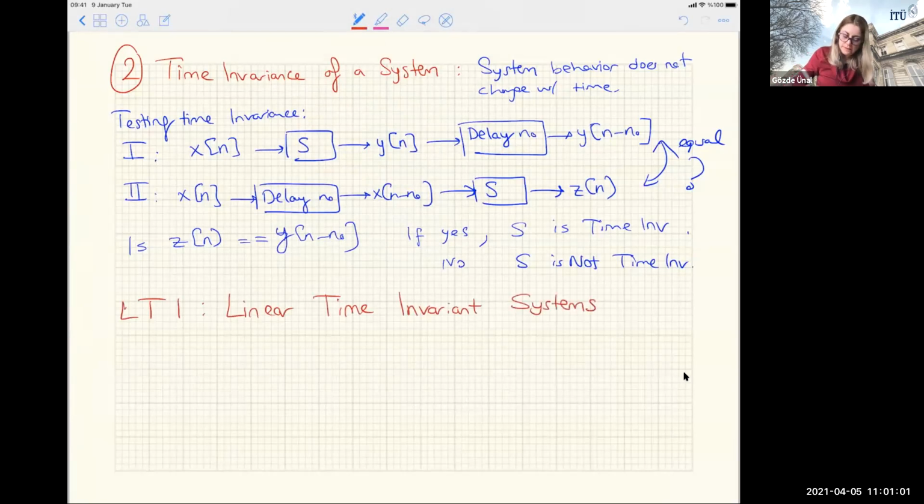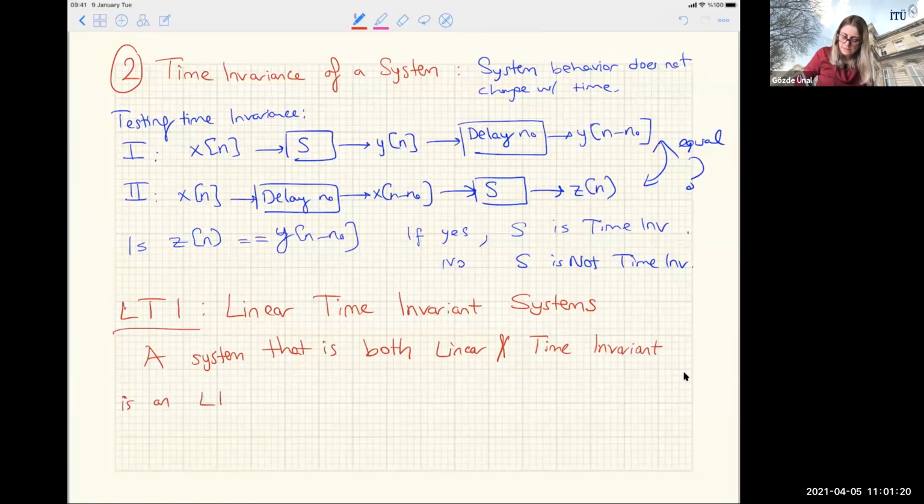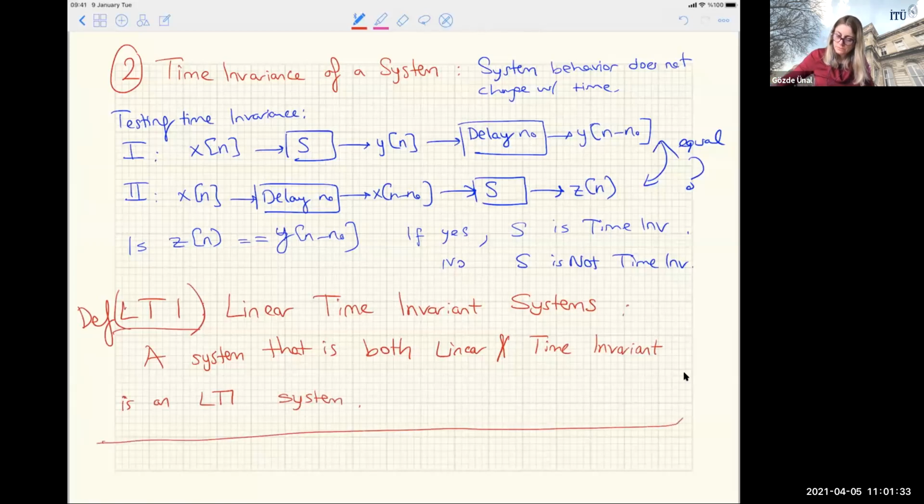A system that is both linear and time invariant is an LTI system. This is the definition of an LTI system. This is important. Know this one, please.